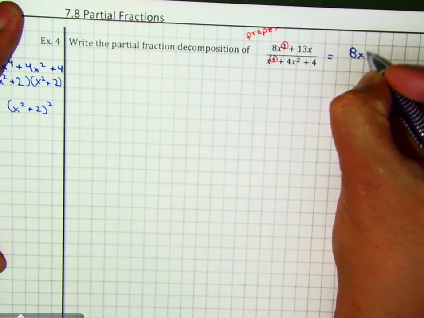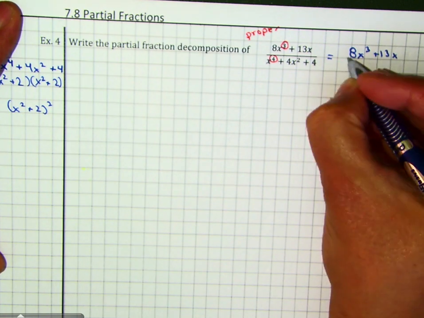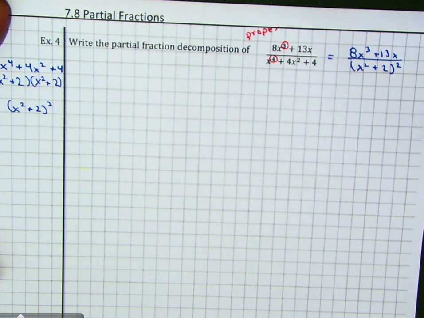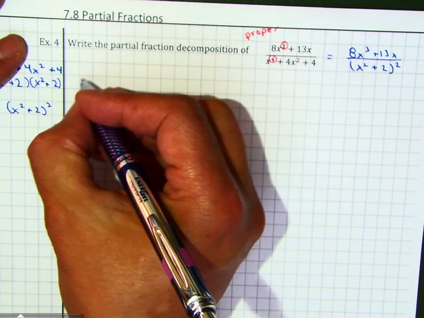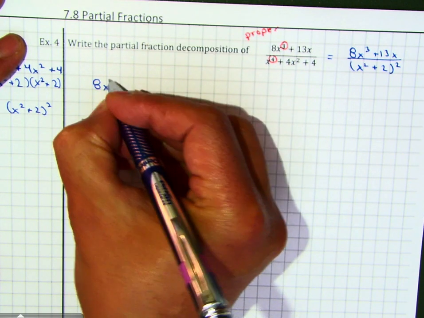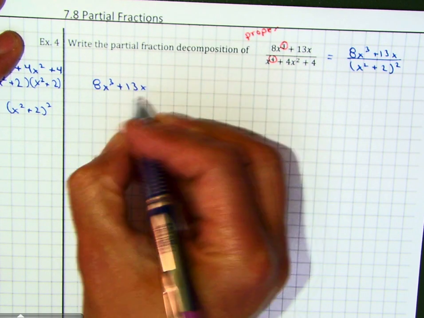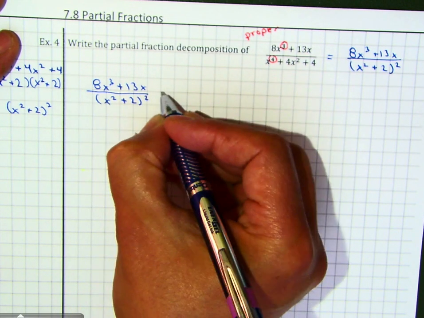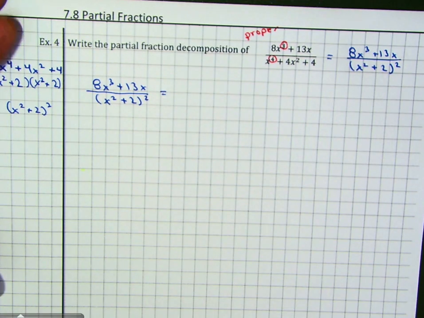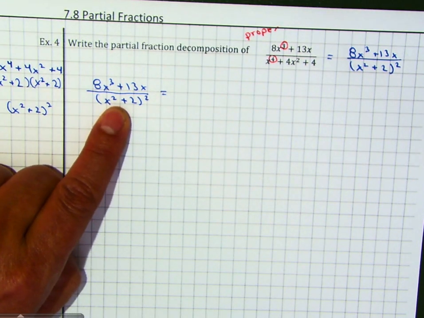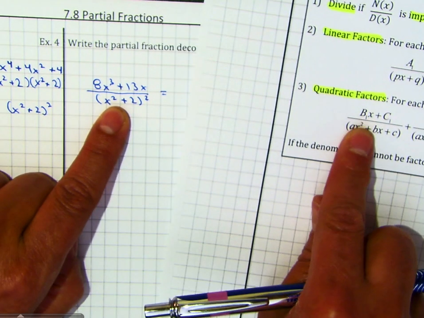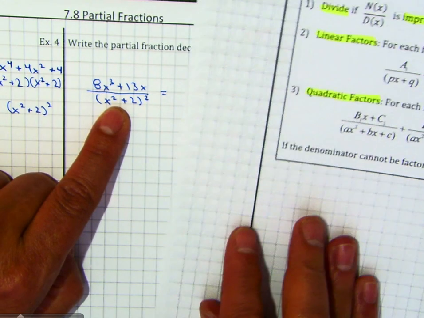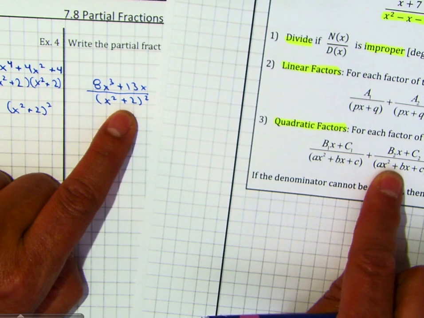So therefore we have x to the third plus 13x over x squared plus 2 squared. So we have an x squared plus 2 squared on my denominator, which is a quadratic factor. So therefore I'm going to have to use this expression. And because it's squared, that means I need to be able to do a second one.